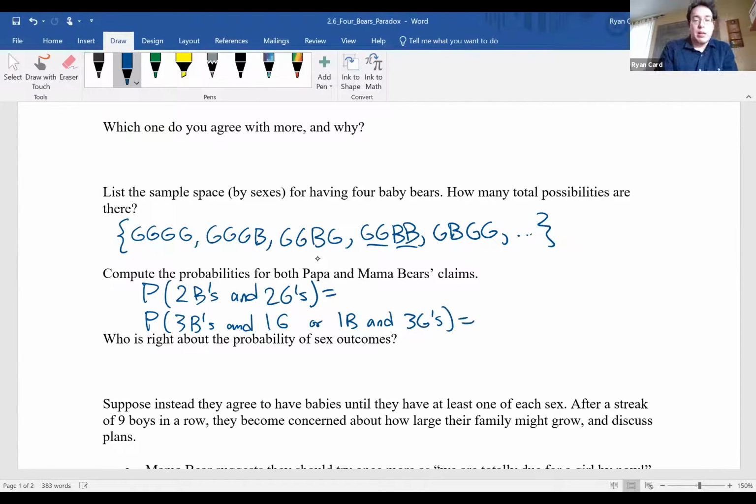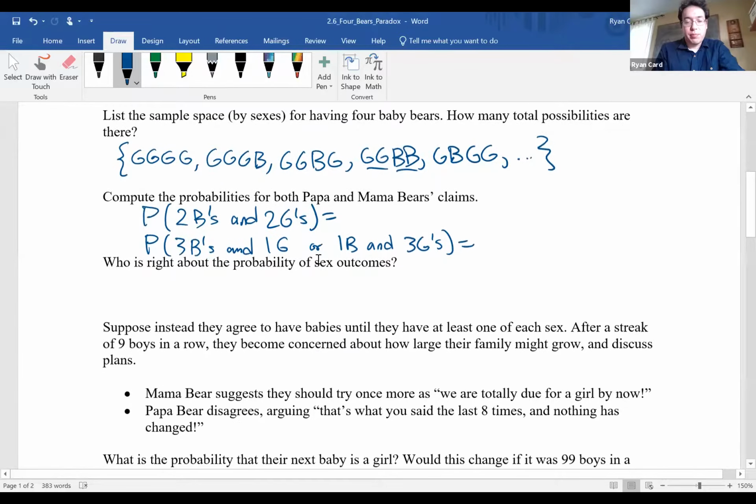So count the situations where you have 3 of one and 1 of the other, and then count those numbers and divide by 16. Okay. And then if you can work out these two probabilities, you can work out who's correct, which is more likely in this case. Okay.